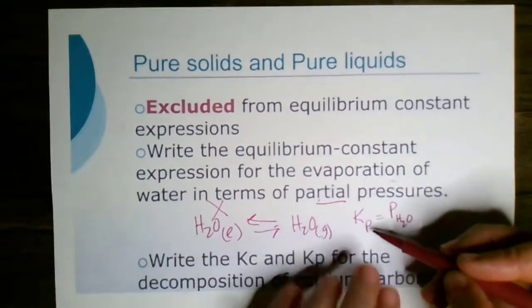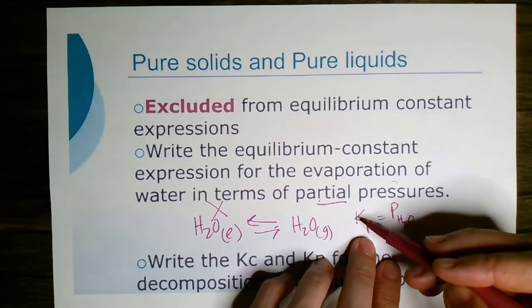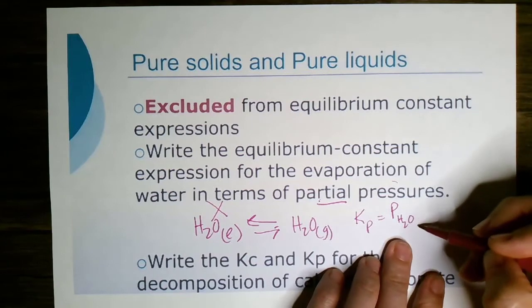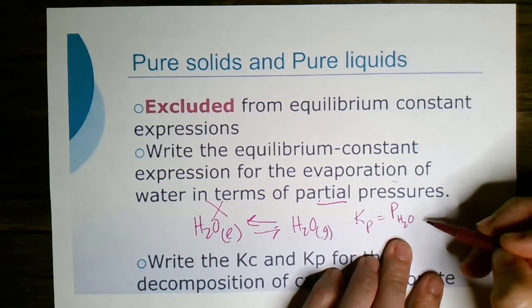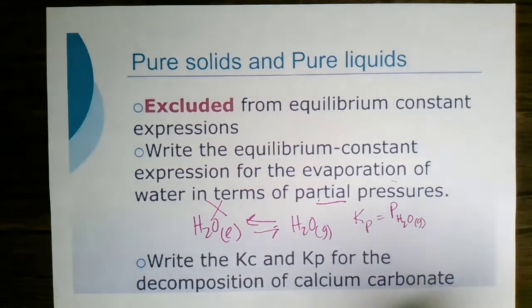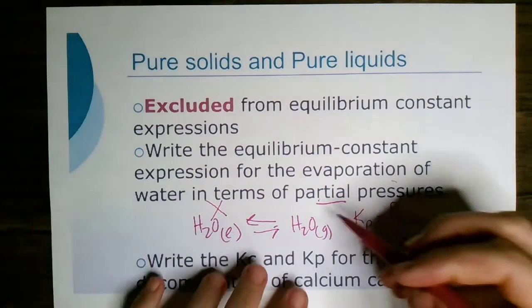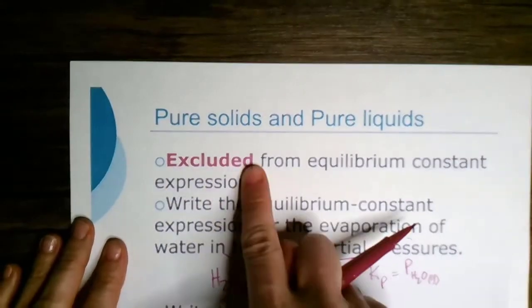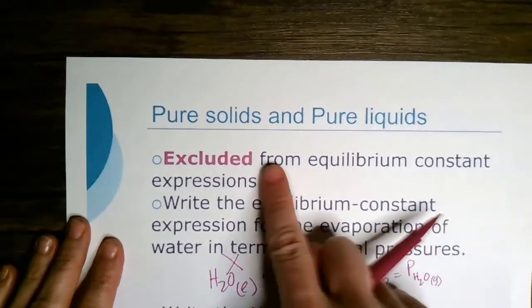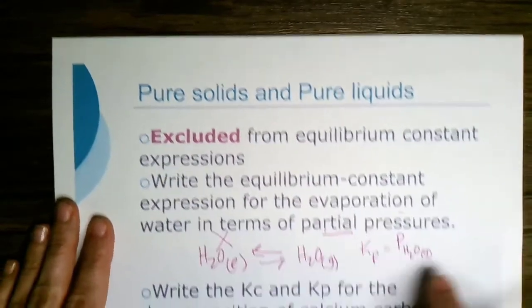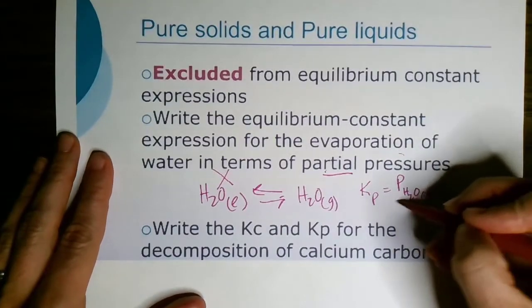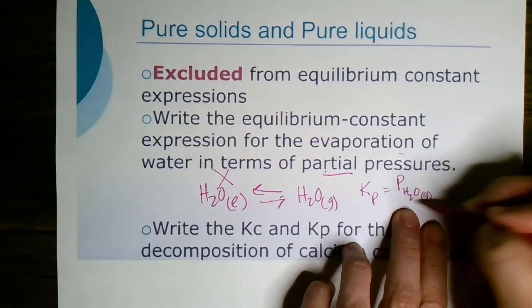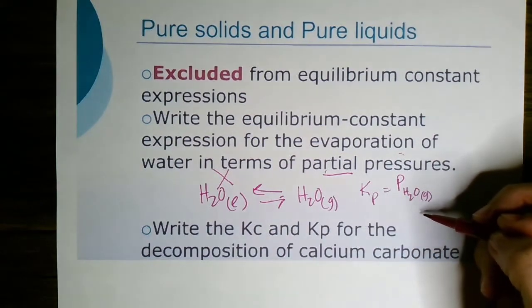So my pressure constant would simply be the pressure of H2O in the gaseous phase. That's it, and this is showing us evaporation. All we do is exclude any solids and liquids from the equilibrium constant expression. It would just be my product, my gas, over 1 or nothing.